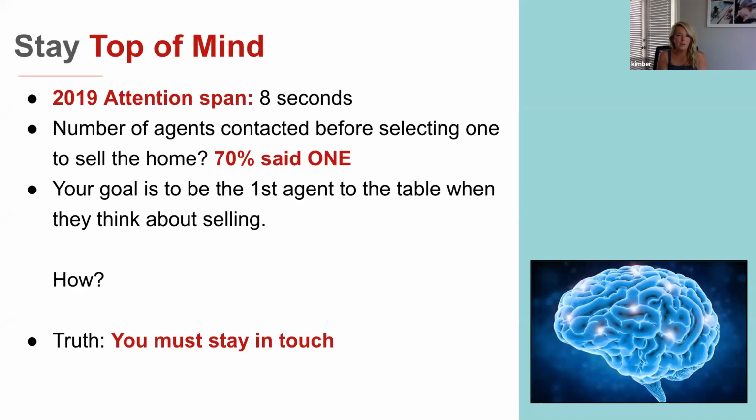But this was the thing that I thought was cool. There was a survey done on the number of agents contacted before selecting one to sell a home. 70% of clients said they had one agent in mind, or they had one agent contact them, right?